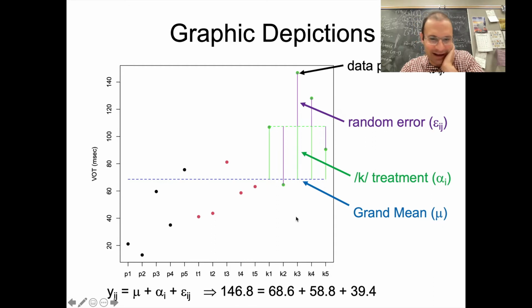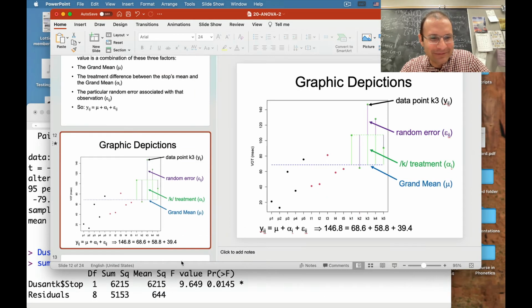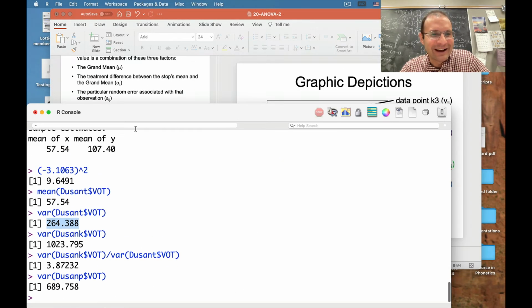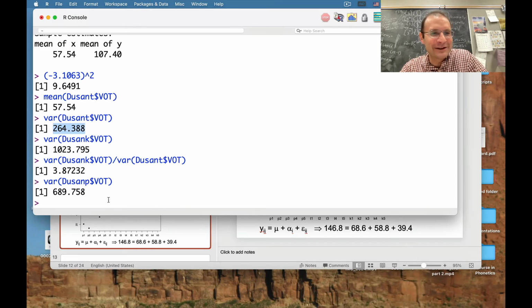And here is the, did I do this right? I think I did. I don't think that's right at all. So let me double check. I thought I prepared for this lecture. But if we add 68.6 plus 58.8, maybe it's right.